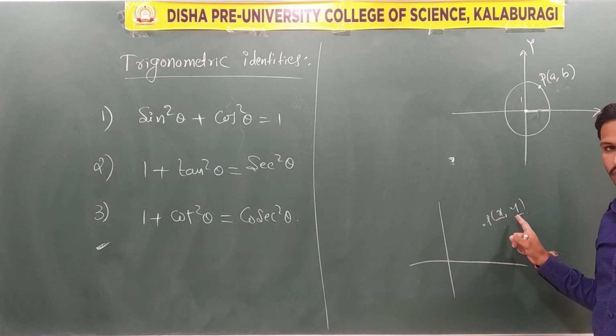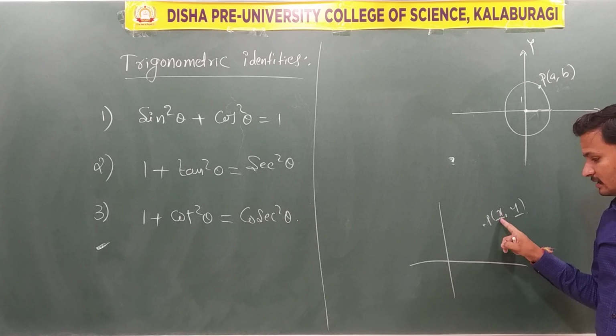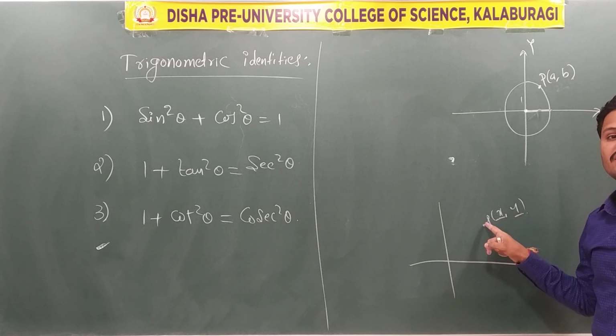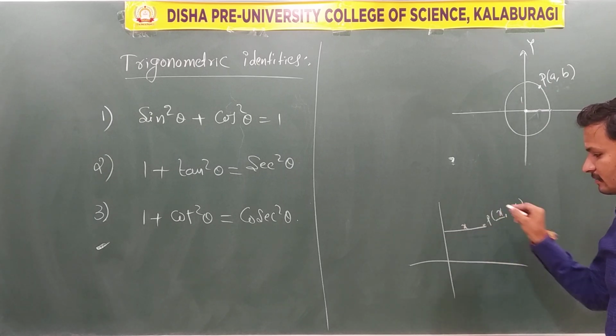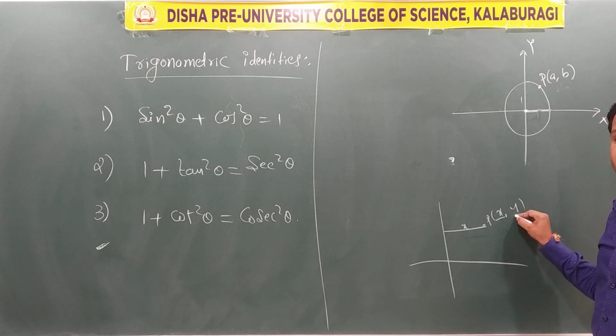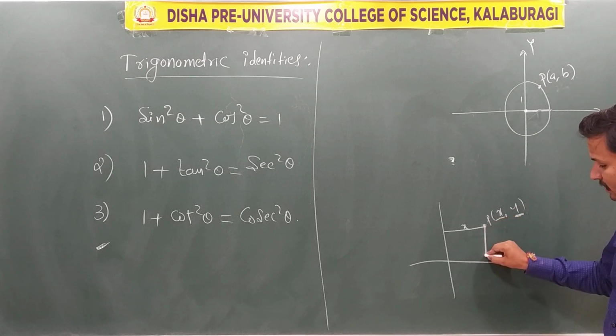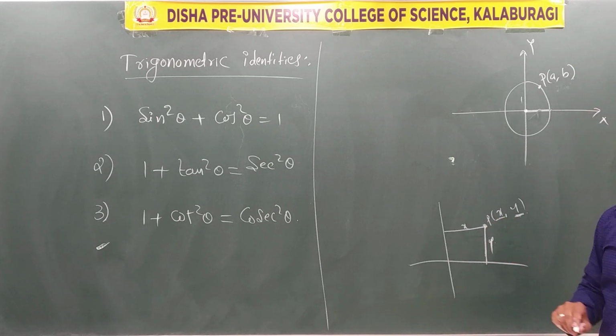This is the y coordinate. What does the x coordinate tell us? It is the distance of a point from the y axis. Here to here the distance is x. The y coordinate says that it is the distance of a point from the x axis. So from the x axis to the point, the distance is y.